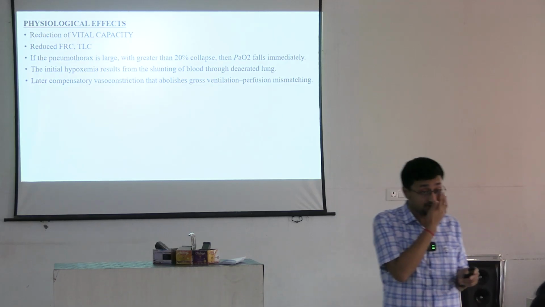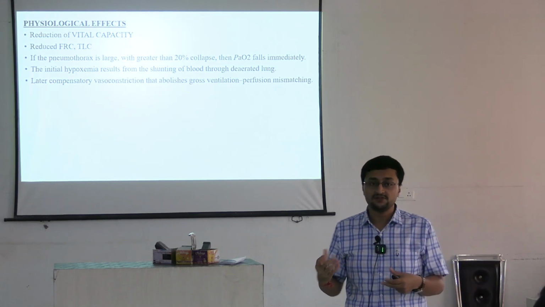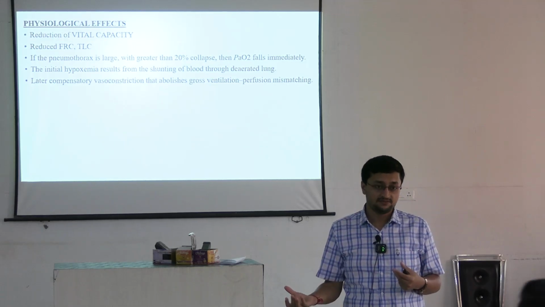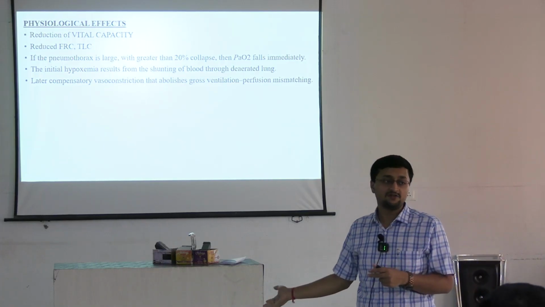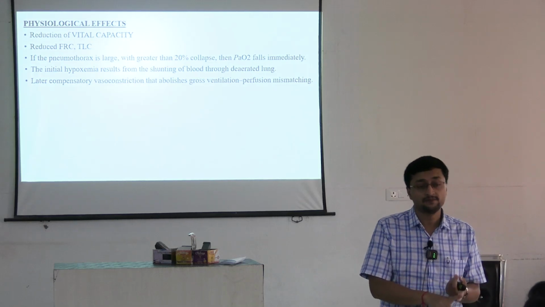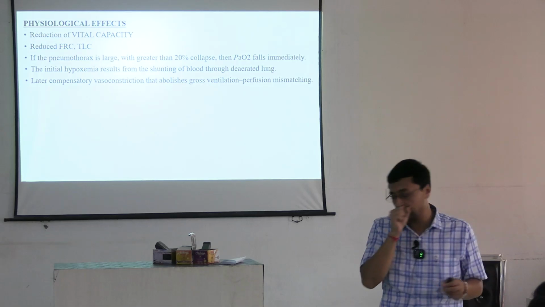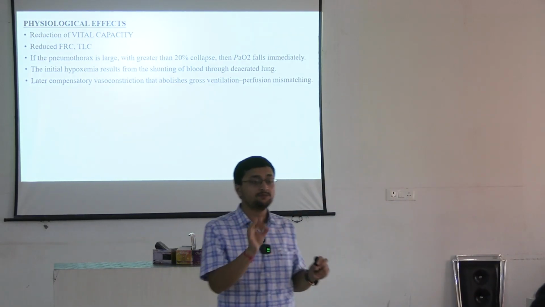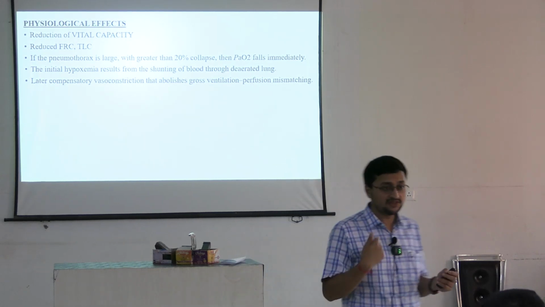But in case of secondary spontaneous pneumothorax, as the lung itself is diseased, the patient already has VQ mismatch, so there will be no compensatory vasoconstriction or no compensatory correction of hypoxia. So in case of secondary spontaneous pneumothorax, that is the reason why the patient will develop severe hypoxia, and it will not abolish until you put a chest drain or you pull out the air through the syringe.